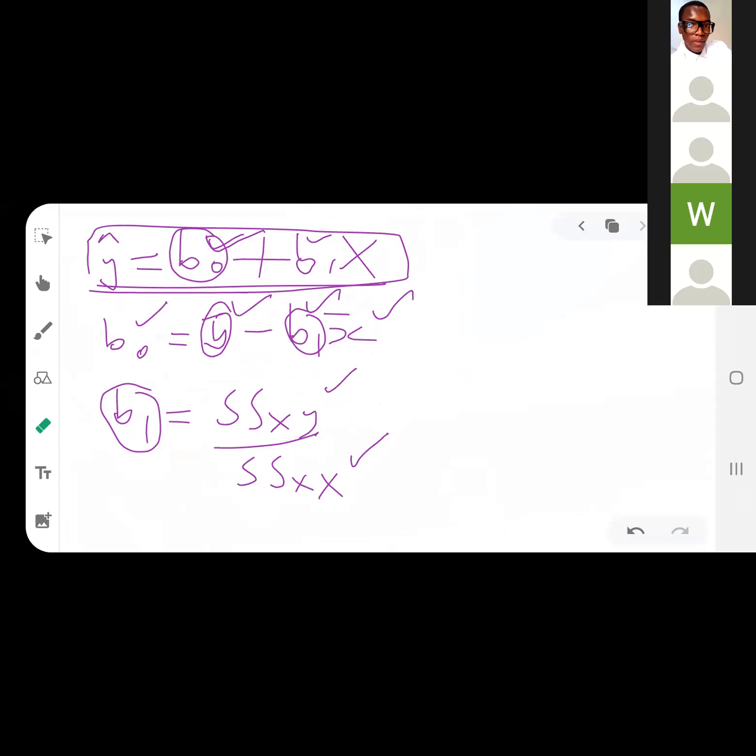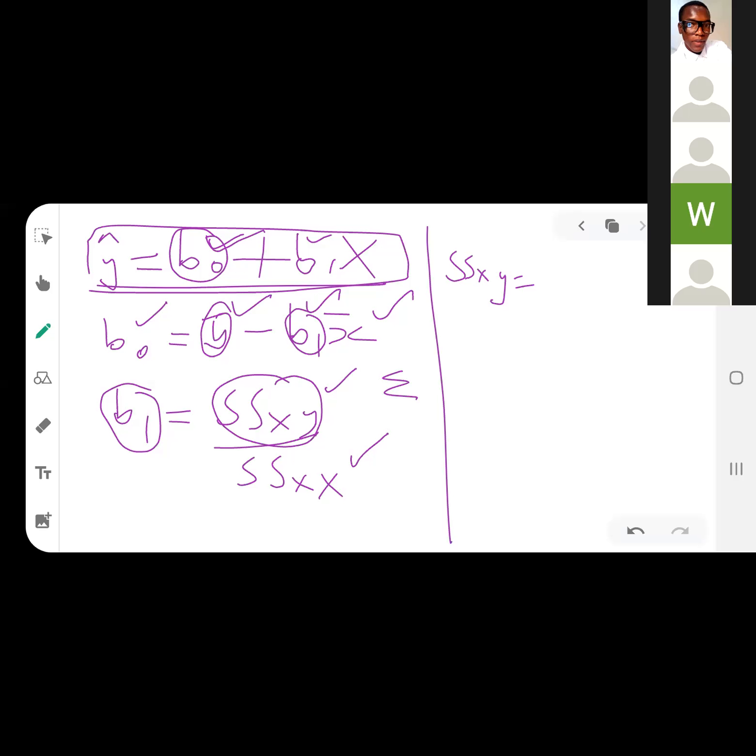Like I said, we have the formula for calculating all this. And what is the formula for calculating SSXY? SSXY equals, so I said SS means sum of squares, so we expect to see sigma because it is the sum.